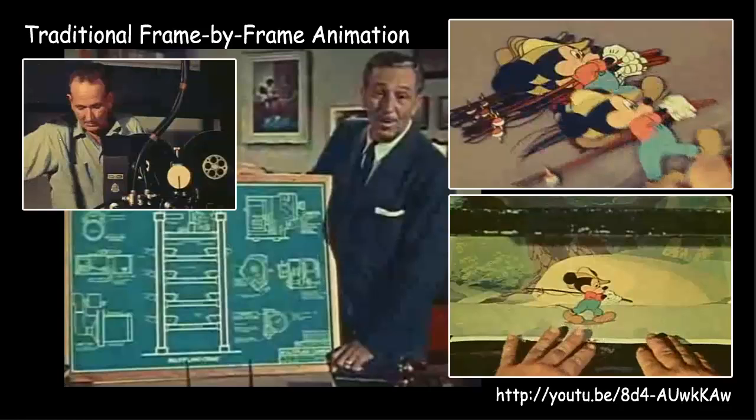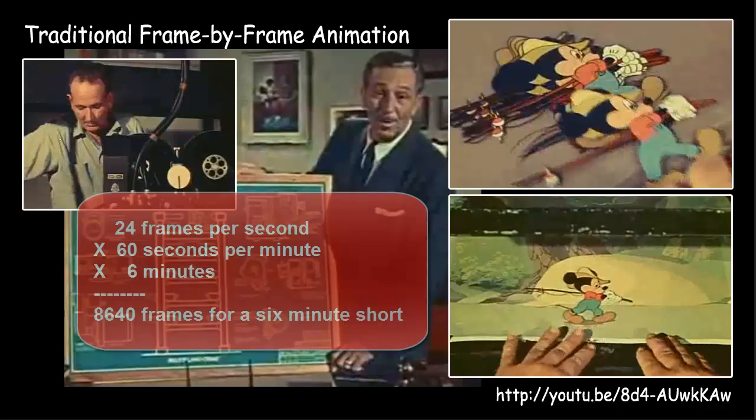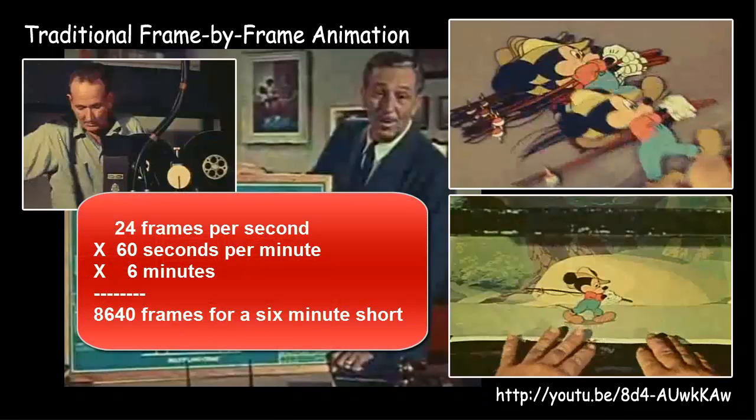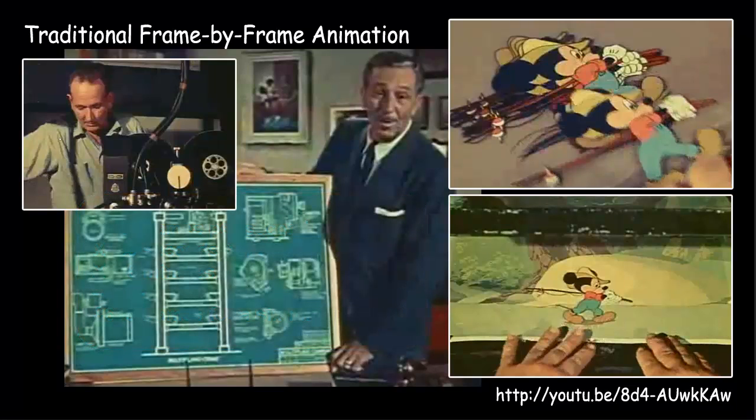Now, when you think about animation shorts, they're usually 6 minutes in length. They are 24 frames per second. So we're talking 60 seconds times 24 frames per second times 6. And you see there's a lot of frames that have to be photographed. Now each of those frames may be comprised of multiple cells.